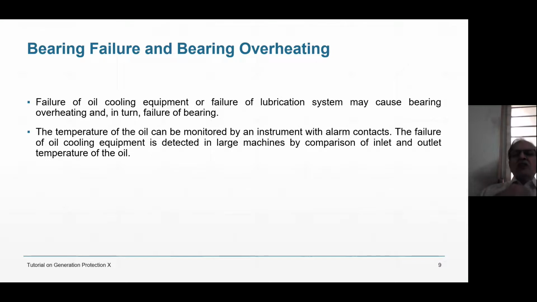But for that, as I told you, the pressure, flow, and temperature of distilled water at the entry and at the exit are checked continuously, and similarly the pressure of hydrogen and temperature of hydrogen is also seen in the control room.